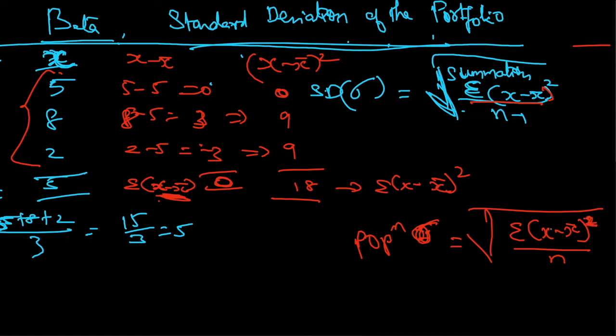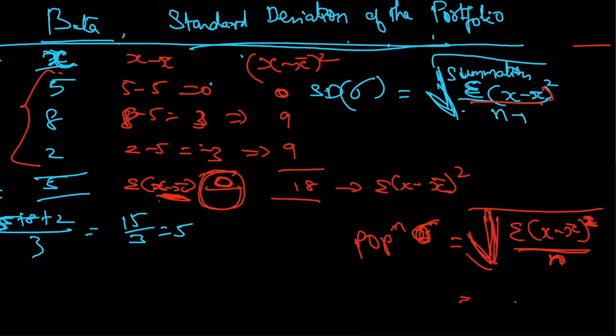I'm squaring it, and I told you the reason, otherwise I will get 0 only. Then to standardize, I'm dividing by n, the total number of observations. Now because I squared it, to nullify that, I'm doing the square root as well. So this is the logic behind the formula.